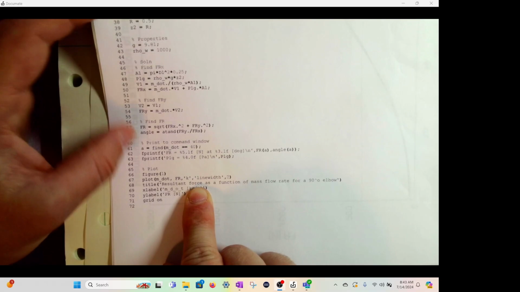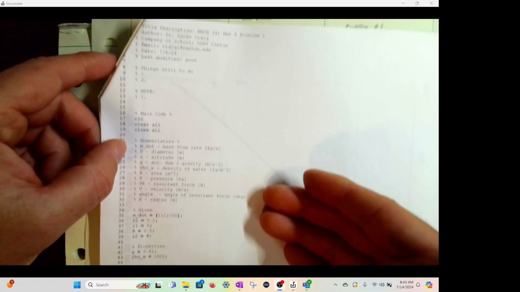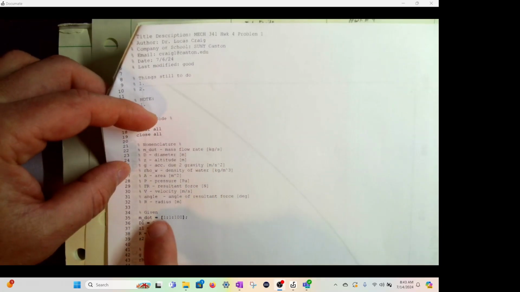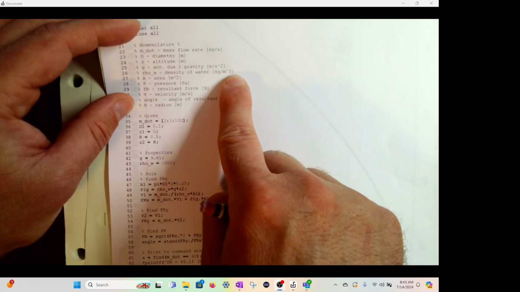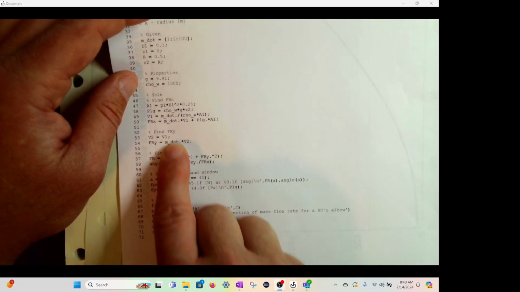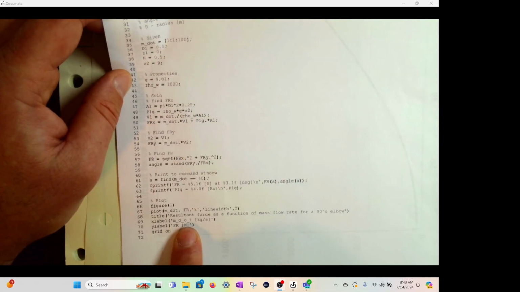So again, this is an example of a code with correct format. Your heading, nomenclature, you labeled givens, you have units in here. It's straight down, easy to read with variables. These are all variables down here that you can then, if you just change the givens, this would immediately change.